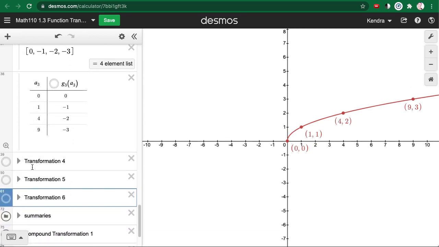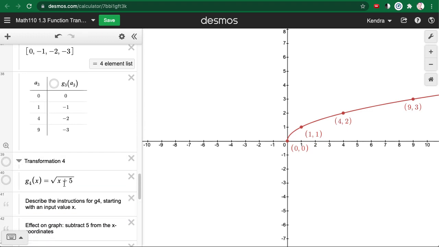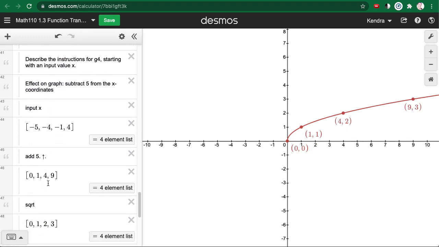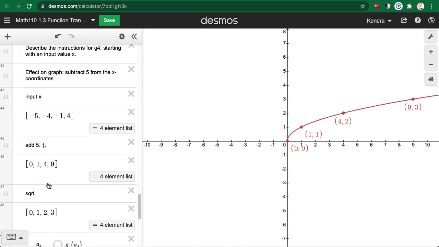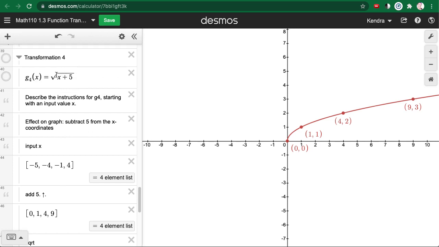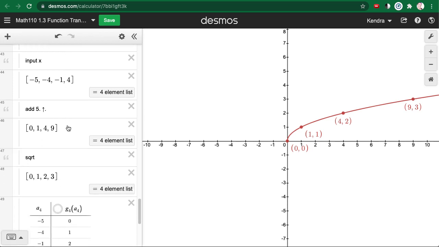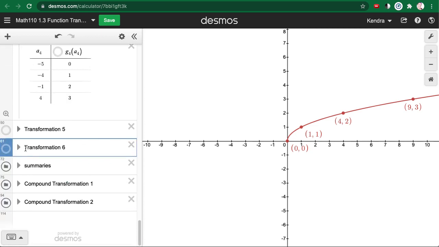All right. And the last 3 transformations were doing something to the input value before applying that base function. And the effects on the graph were all inverse effects. They were inverses of the actual operation on the input. And they were happening to the x-coordinates on the graph.